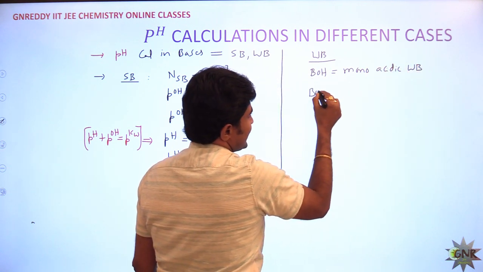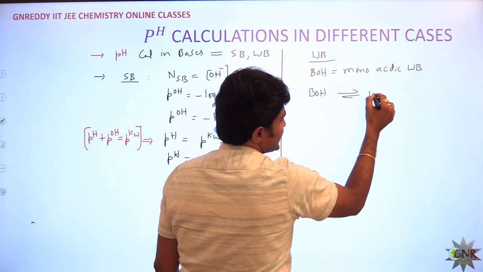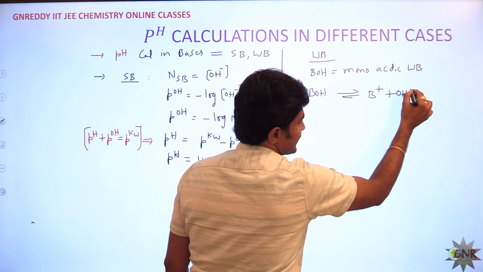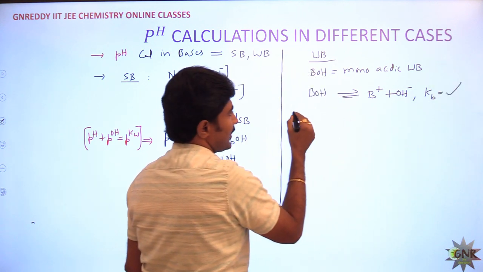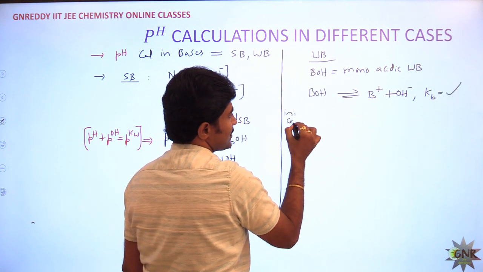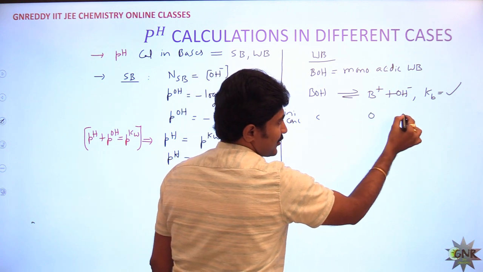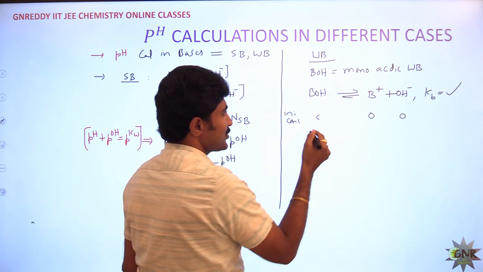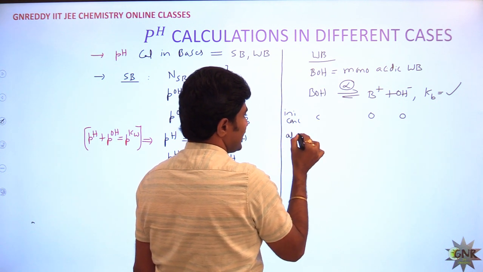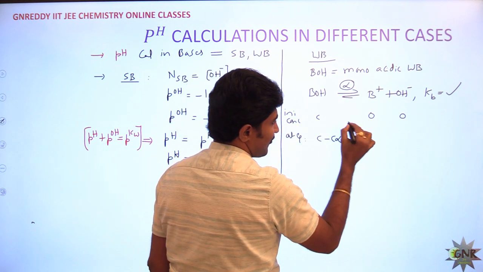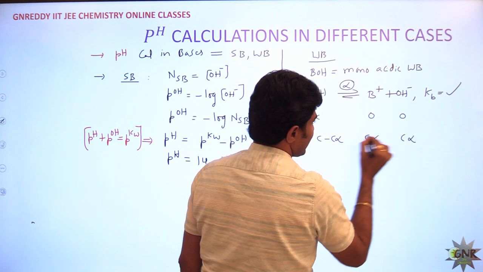Here, on dissociation, it gives B plus plus OH minus. Here the dissociation constant Kb value is there, and here also we can follow the initial concentration C. It is C, 0, 0. So after dissociation, by taking degree of dissociation alpha, at equilibrium this is C minus C alpha, C alpha, C alpha.